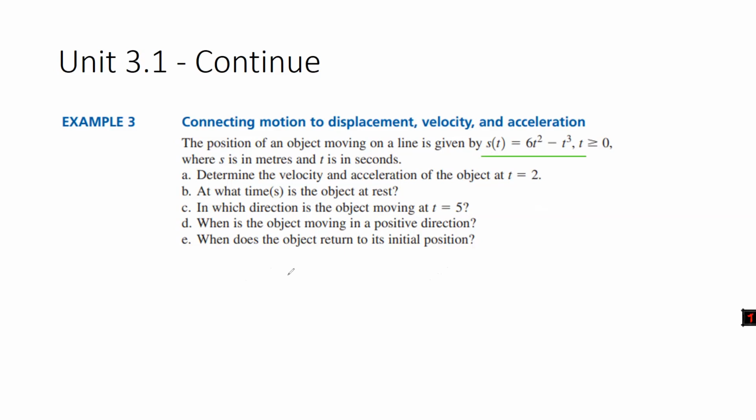So we write the displacement function: 6t squared minus t to the third power equals 0. We are looking for solutions for time greater than or equal to 0, right?